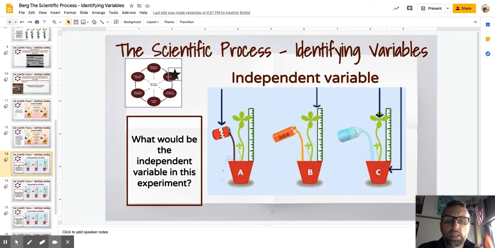Last example, hopefully you're catching on. I'm going to give you a little pause. Look at this picture. See if you can identify what the independent variable would be. Again, the independent variable is the thing that's changing.